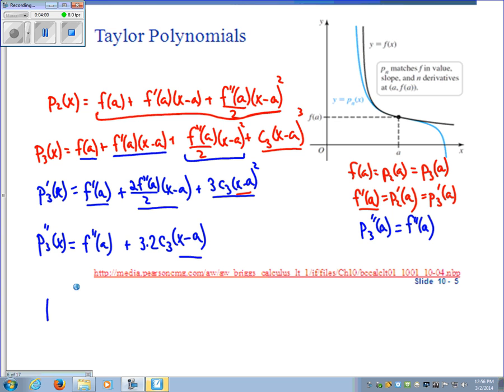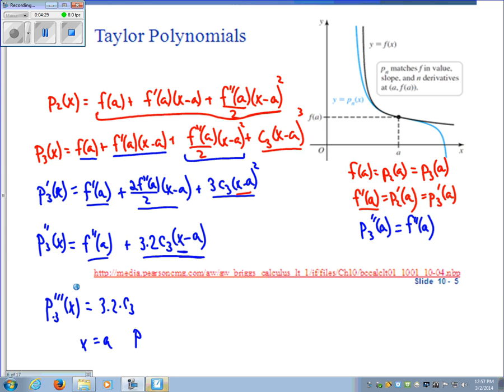And so now, finally, p3 triple prime of x. The derivative of this one's 0, and the derivative of this one, our only x term, is going to be 3 times 2 times c3. But I want this to agree with the function's third derivative at a. So let me plug in x equal to a.